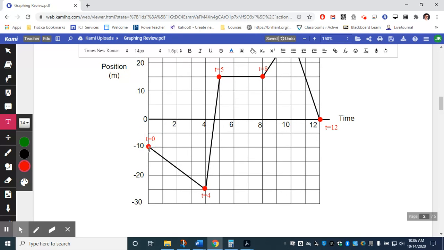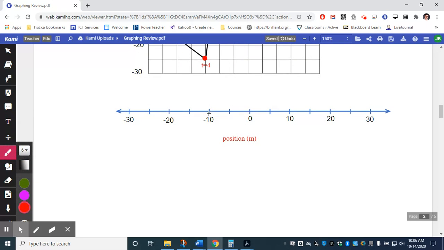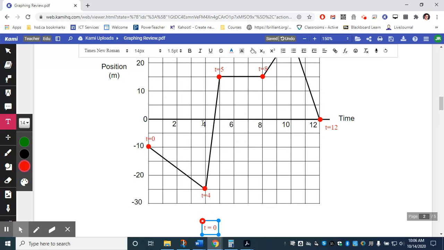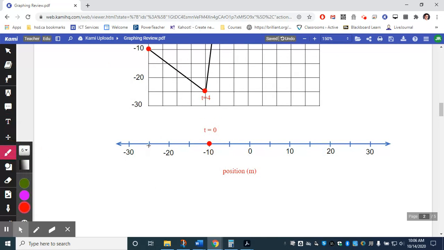So we see at t equals 0, we're at minus 10. And so we're going to do the same thing, minus 10. Now we're going to say this is t equals 0. And then at t equals 4, we're at minus 25. And so we're going to do a dot at minus 25 and write t equals 4.